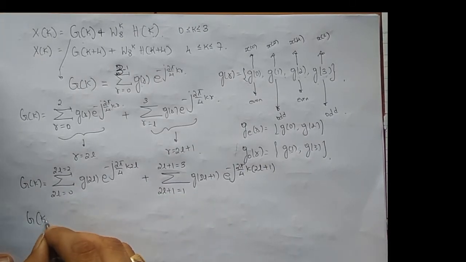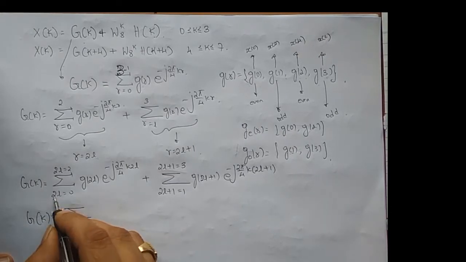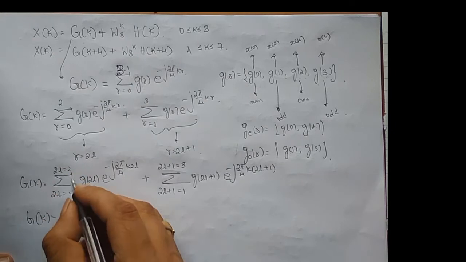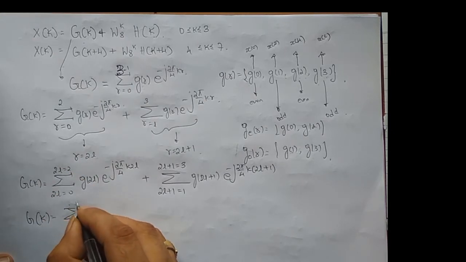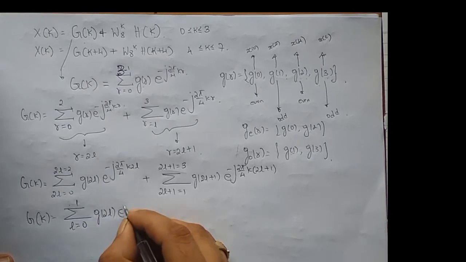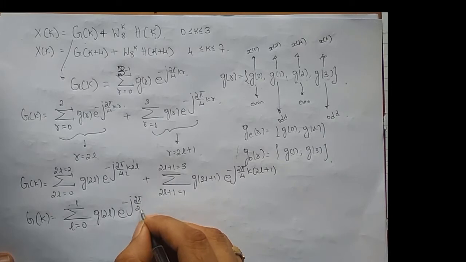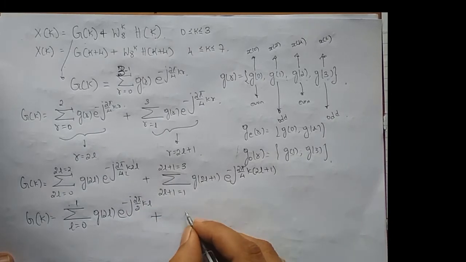Fine. So now I have to write these two summations in terms of l. What do I get? g of k is equal to summation, l varying from 0 up to 1, because 2 by 2 is 1, g of 2l into e power minus j 2 pi by 2 into k into l, plus summation.